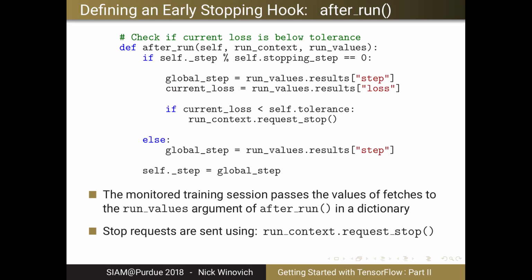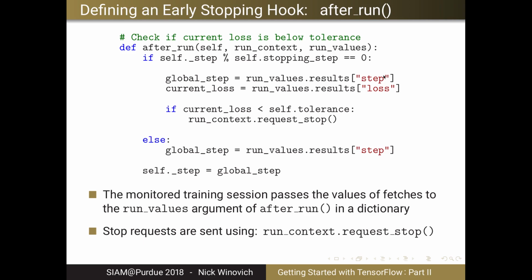So the run values will be passed. This is the format inherited from the session run hook class. It will always be passed the run context as well as the run values. And that run values will be a dictionary containing the values that you requested, with the key corresponding to the label you provided. So in this case, the step and the loss were the keys.